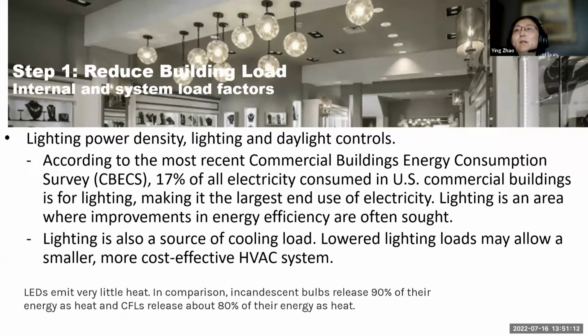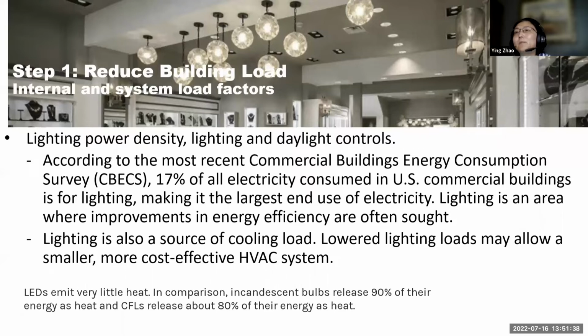Lighting itself uses energy. Based on U.S. data, it represents 17% of all the electricity consumed in U.S. commercial buildings. So it's really a big one, making it the largest end use of electricity in U.S. buildings.